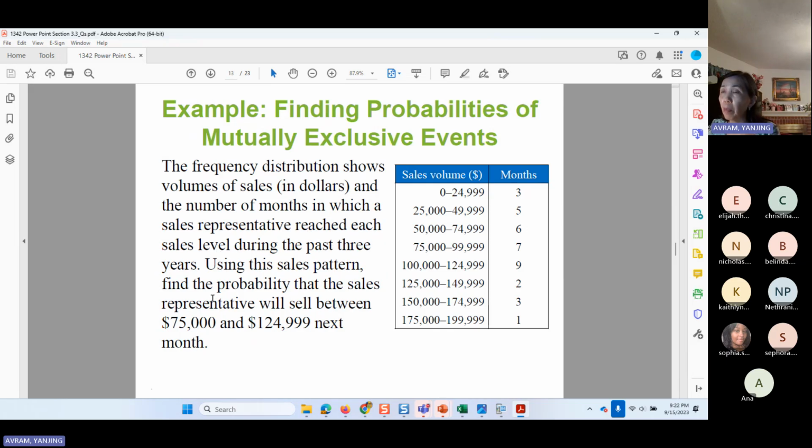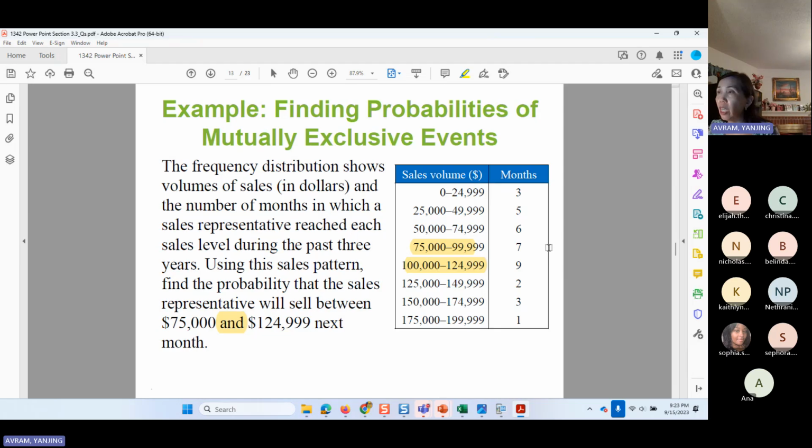Okay, using this sales pattern, find the probability that a sales representative will sell between 75,000 to 124,999 next month. So we can tell it is between this one and this one right here. Is that right?